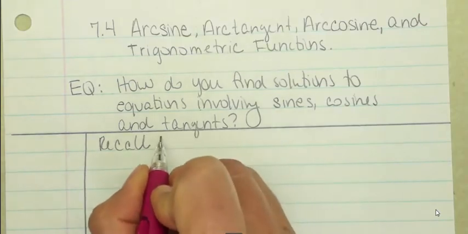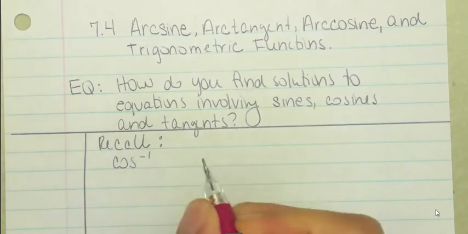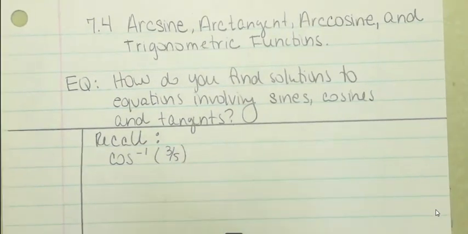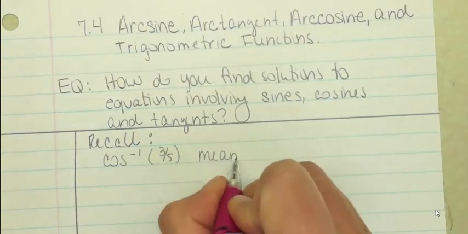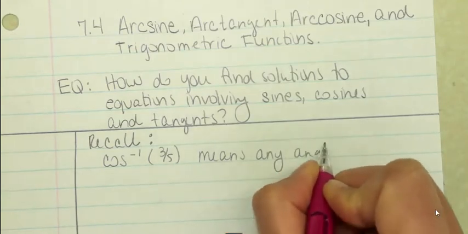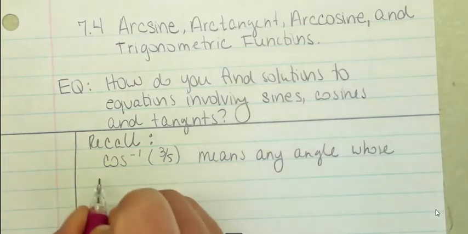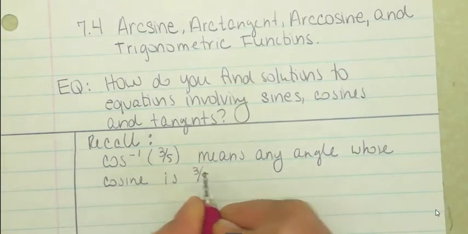So we're going to recall cosine inverse of 3/5, for example, this is just an example, means any angle whose cosine is 3/5.